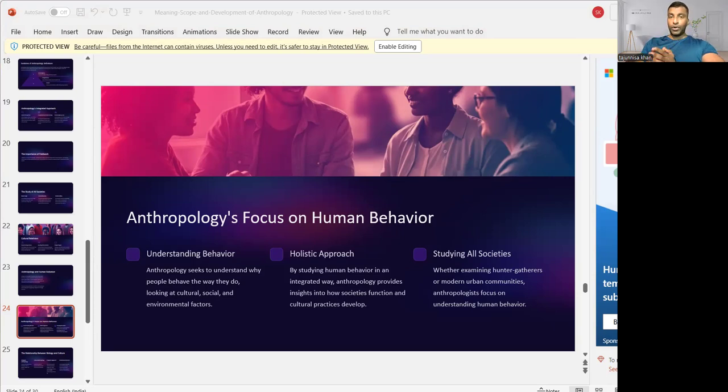So basically, what I want to tell you is it's not only about what they are trying to do, how they are doing it, and why they are doing it is also understood and given emphasis when it comes to anthropology. Okay, so by studying human behavior in a holistic and integrated way, anthropology provides valuable insights into how societies function and how cultural practices develop.